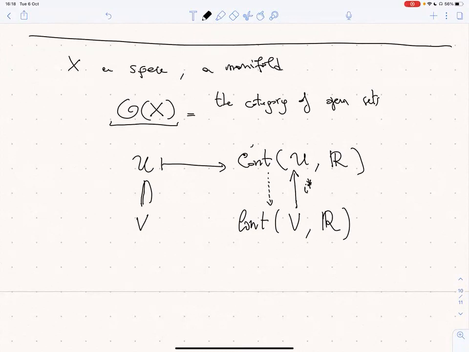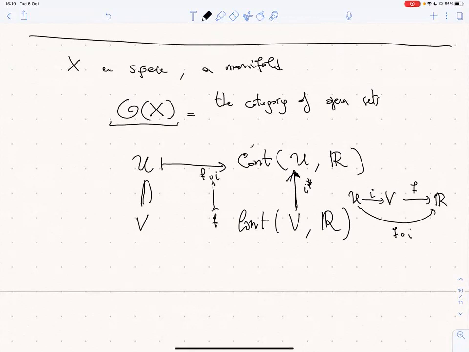I think this should be clear to everyone, because when you have a function from V into R, you take the composition and then you get a map I star in this direction, which just maps f to f composed with i.